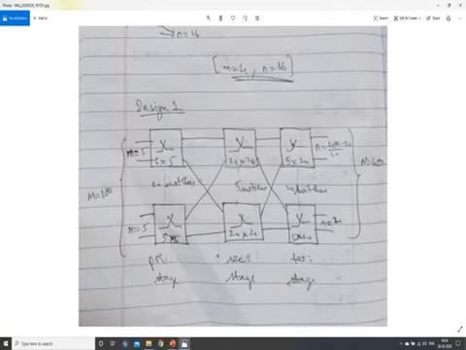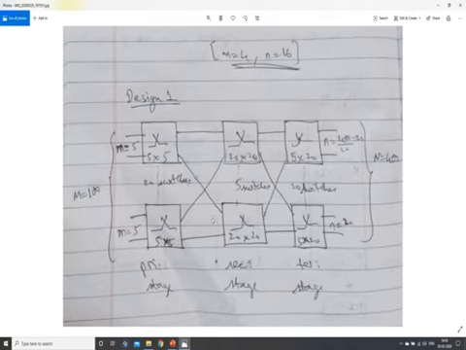So on a similar basis, if I try to explain, sorry, that diagram I have missed it out. So if I take the other condition, that is m is equal to 4.